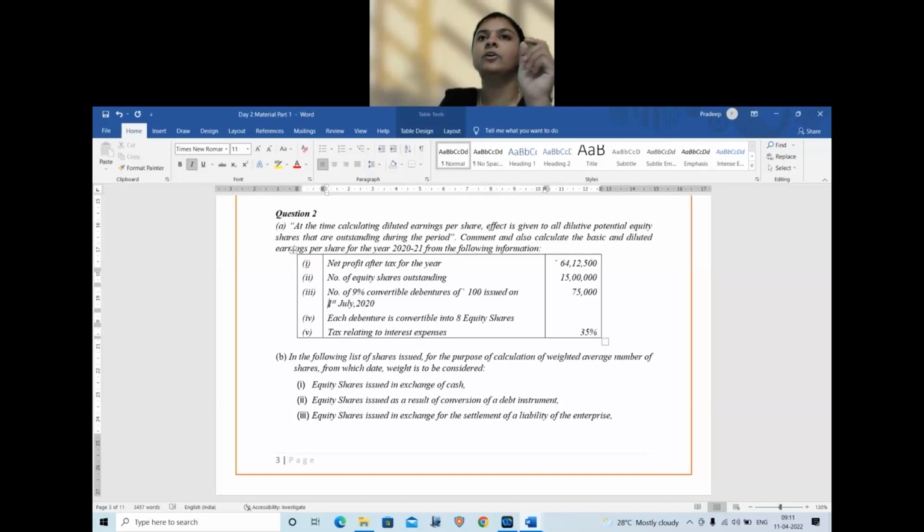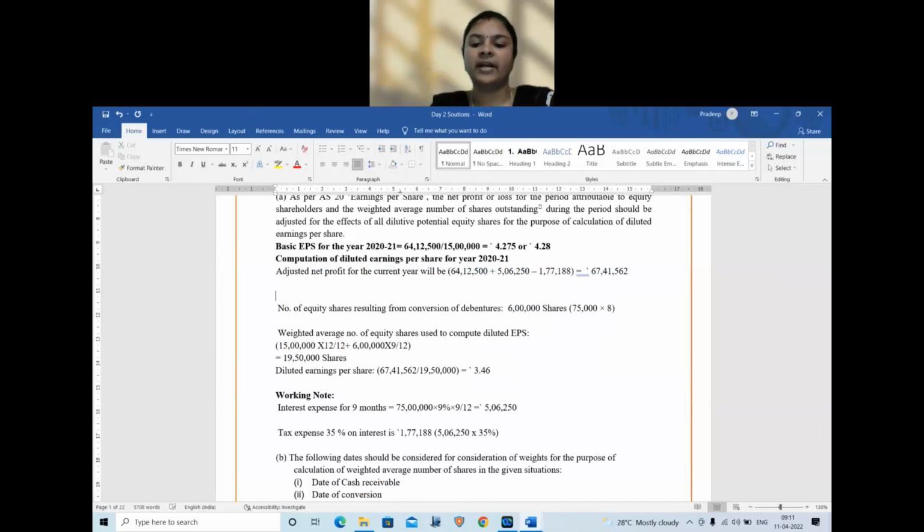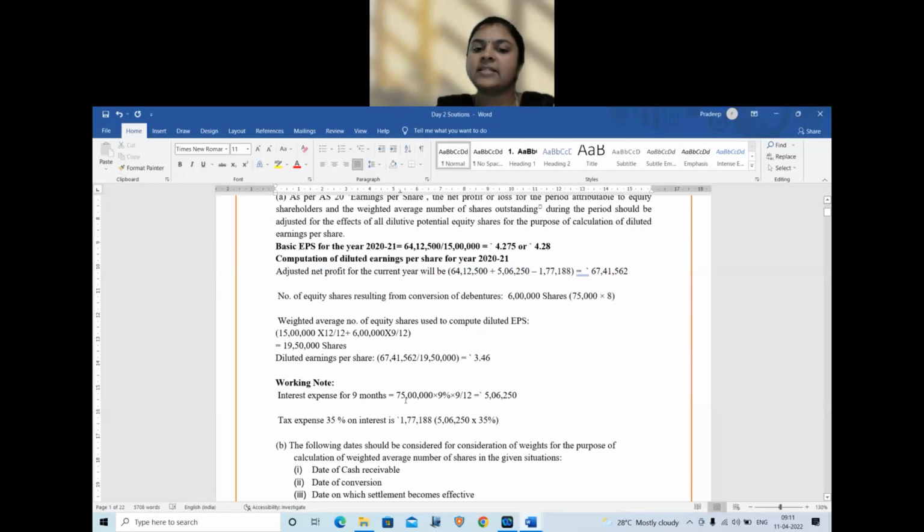But if we ignore the date, we will tend to get a wrong diluted EPS. So, for interest expense for 9 months, it is 75,000 into 100 into 9% into 9 by 12. 5,06,250 into 1 minus 35%.